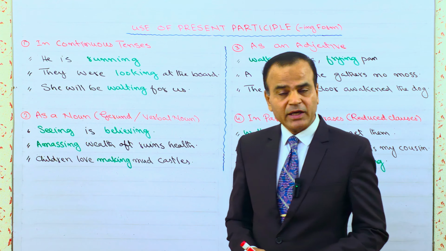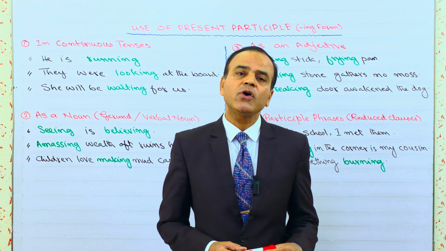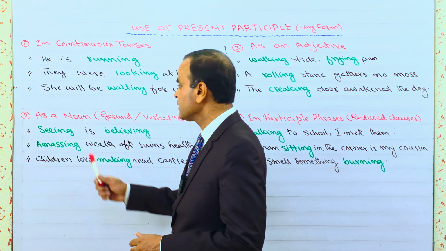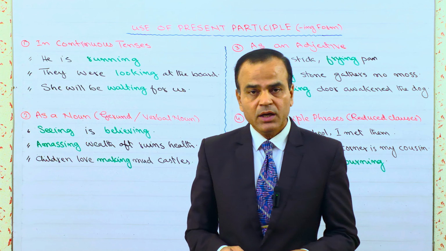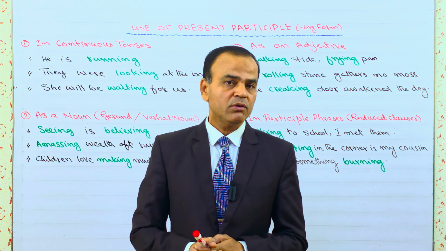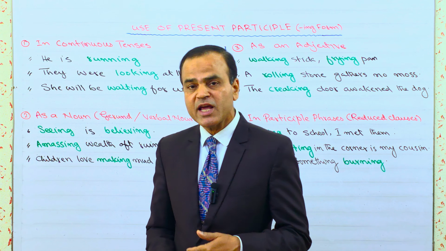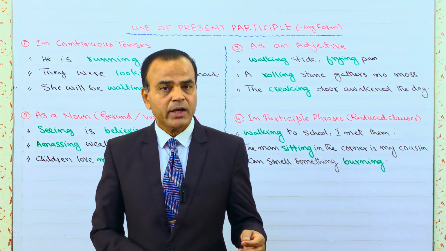But interestingly, the ing form of the verb is also used as a noun. If you remember the definition of the noun, we learned that a noun is also the name of work or activity.